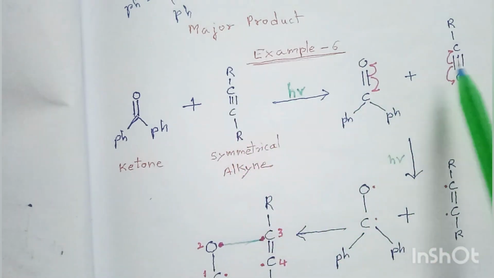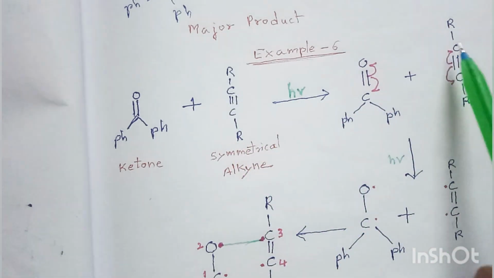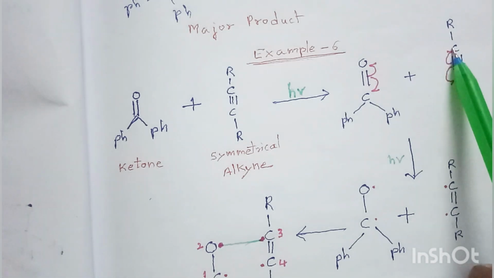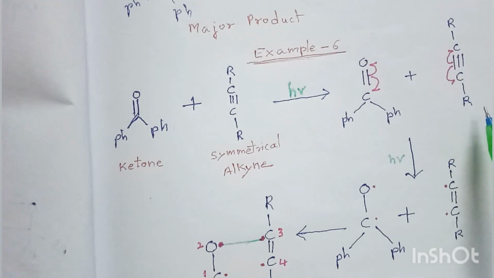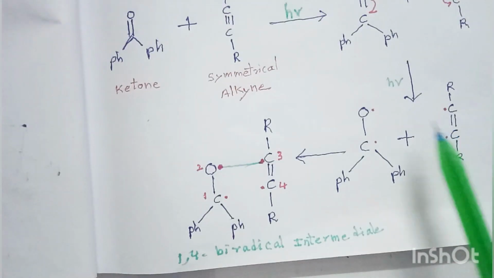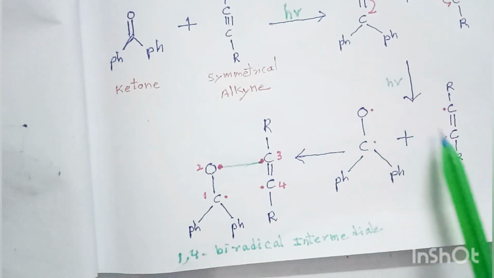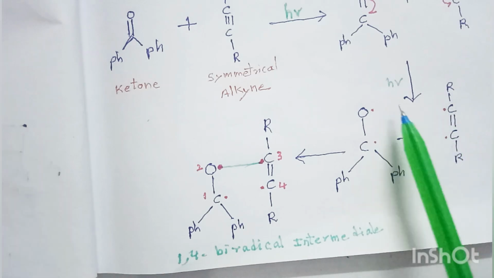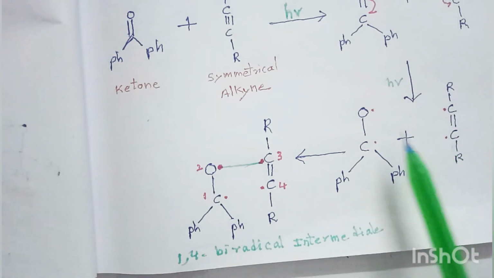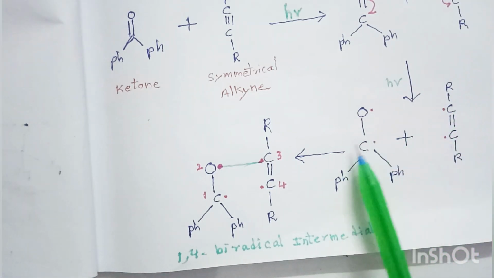In this triple bond, one bond will cleave to form two radicals. One on this carbon atom, one on this carbon atom. Since it is a symmetrical alkyne, this less stable oxygen can combine with this carbon or this carbon radical. There is no difference. So let us combine these two.